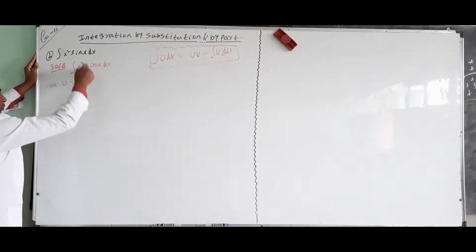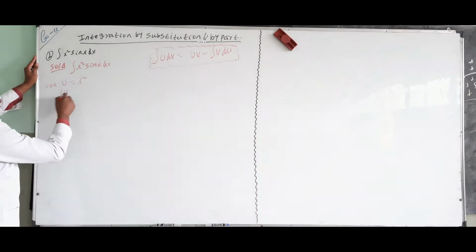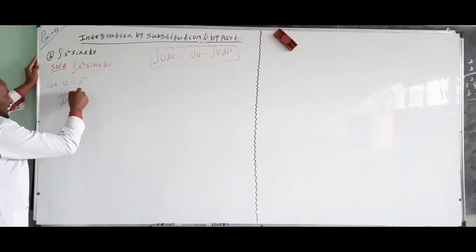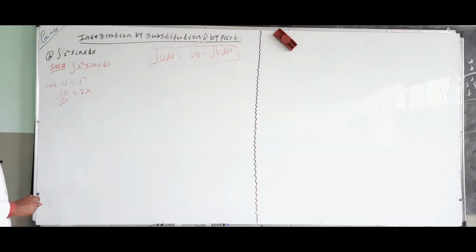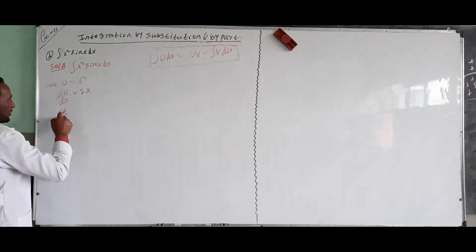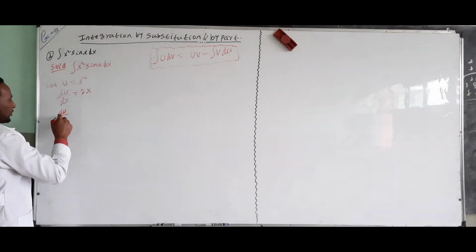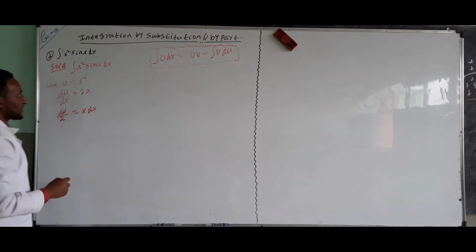u be equal to x square, and the derivative of u with respect to x is equal to 2x. Then du over 2 is equal to x dx.